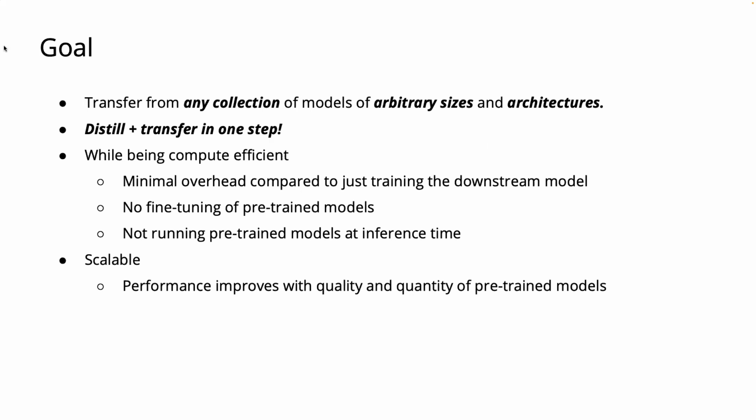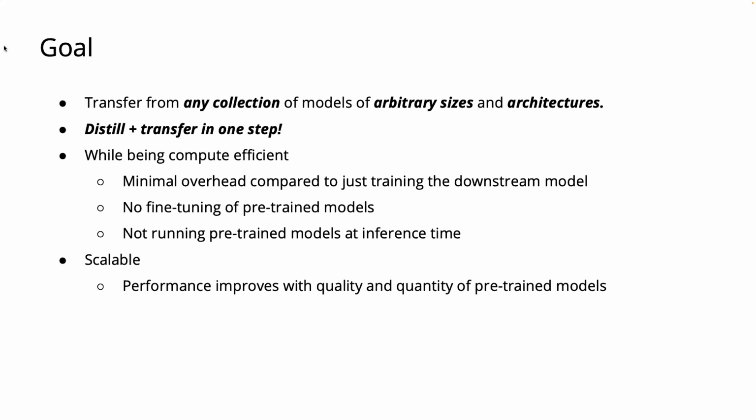So in summary, to differentiate ourselves from knowledge distillation, we are similar: we want to do distillation and transfer in one step, both distilling to a small model and transferring to a new task. While being compute efficient, we want minimum overhead compared with just training on the downstream task, like traditional transfer learning, and no fine-tuning of the pre-trained model.